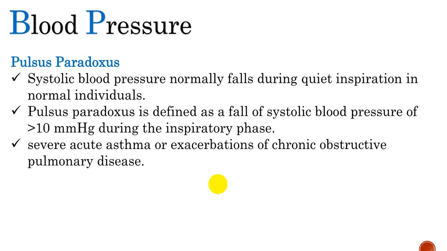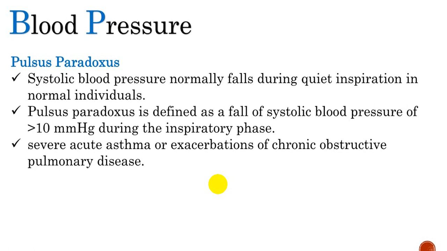As far as respiratory system disease is concerned, severe acute asthma or status asthmaticus and acute exacerbation of chronic obstructive lung disease will occasionally produce pulsus paradoxus.